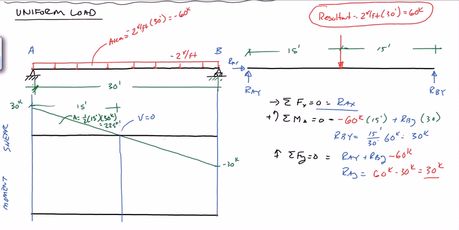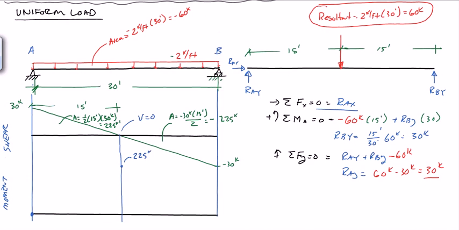Down here we're going to need this one as well: the area is equal to minus 30 kips times 15 feet over 2, which results in a minus 225 kip feet.